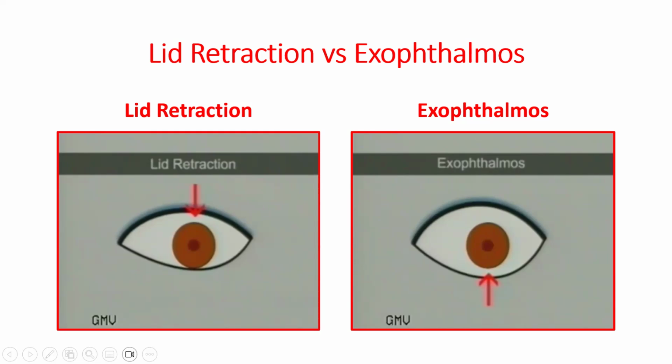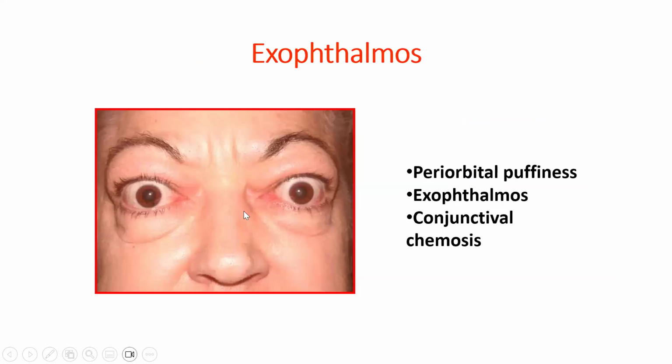Okay, so here on this slide you can see a female patient, a middle-aged lady with periorbital puffiness. This puffiness looks different from that of hypothyroidism, obviously, but she has also exophthalmos. If you look closely, there is a very small rim of sclera below the lower limbus of the cornea and a marked rim of sclera above the upper limbus of the cornea.